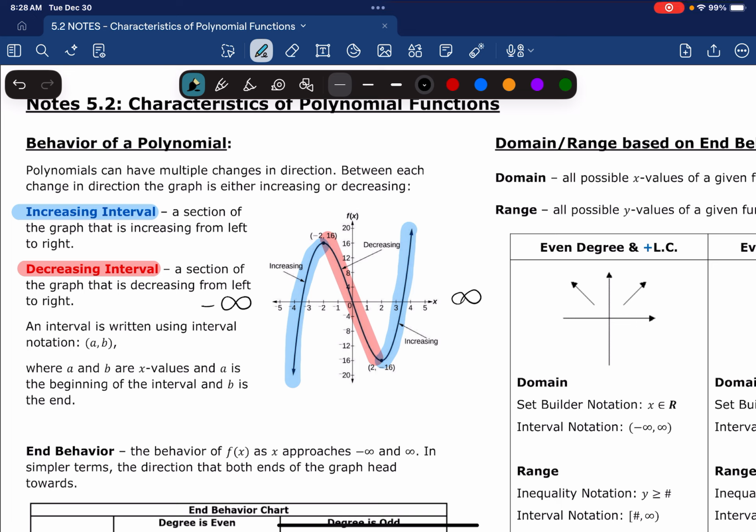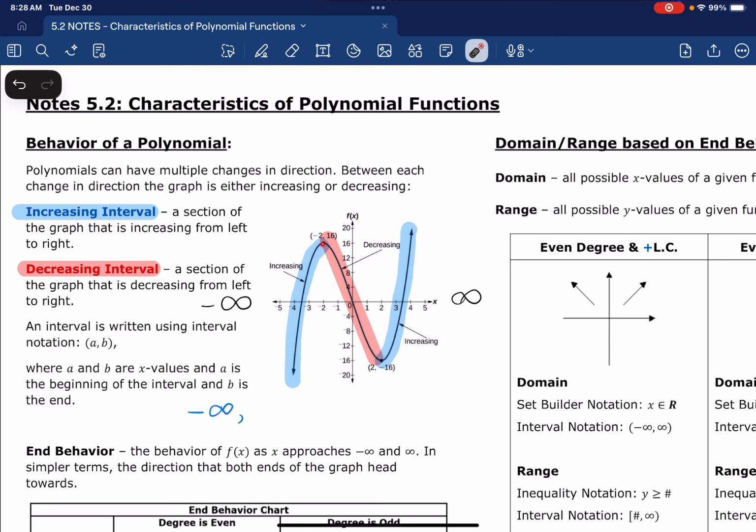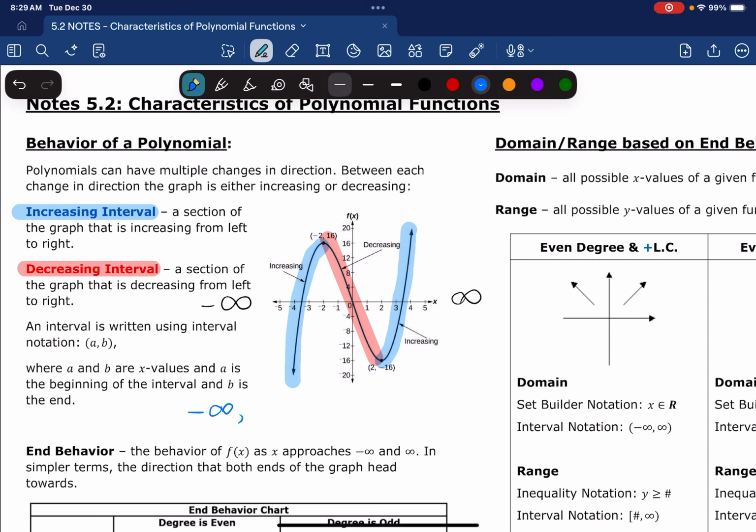So let's talk about these increasing intervals. If we start at negative infinity and we move all the way to this local maximum right here, what is the x value that we see? It's -2. So our increasing interval goes from negative infinity to -2. And we use parentheses here when we're talking about increasing and decreasing intervals.